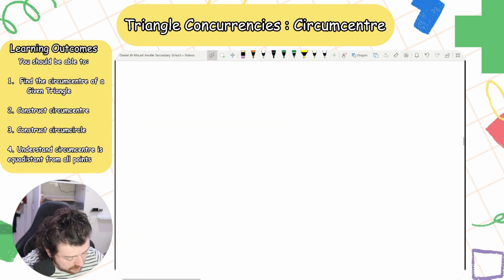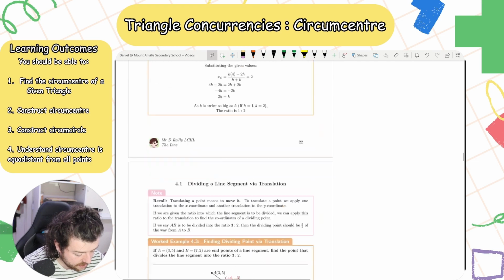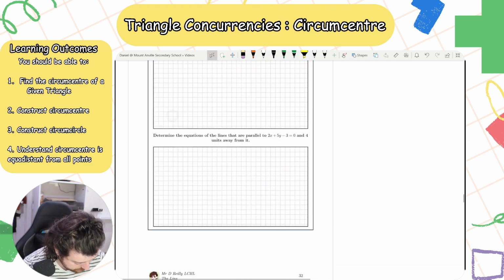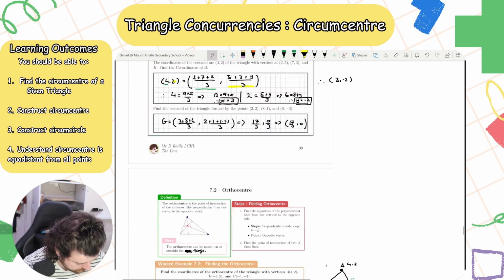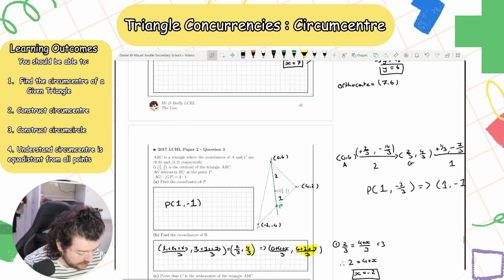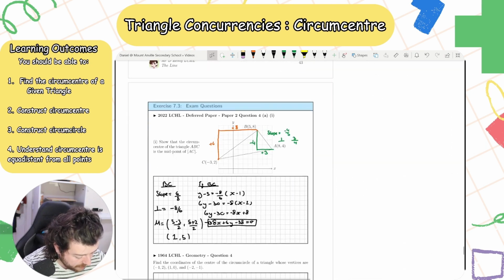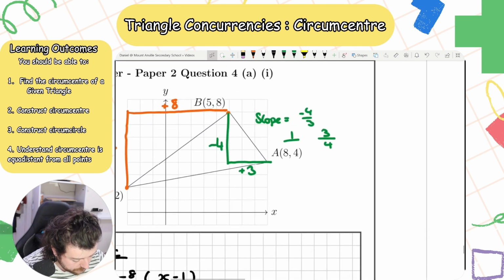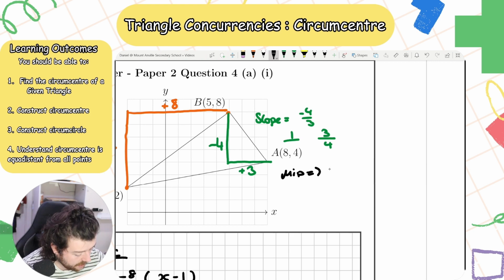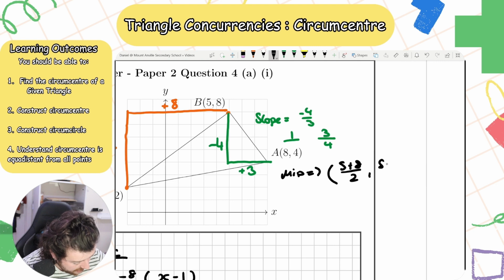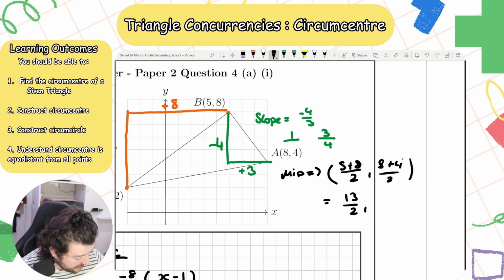Then my midpoint of AB is going to be 5 plus 8 divided by 2 and 8 plus 4 divided by 2. So that's going to be 13 over 2, and 12 over 2, which is 6.